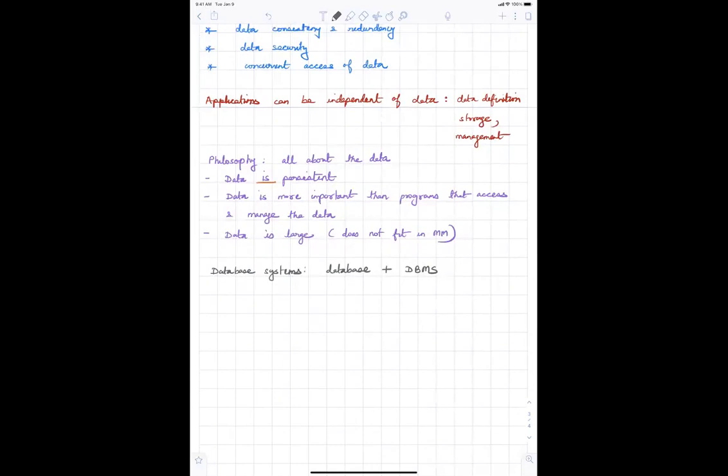The DBMS is all the programs that allow you to query and that allow the user to create. I just want to separate those.